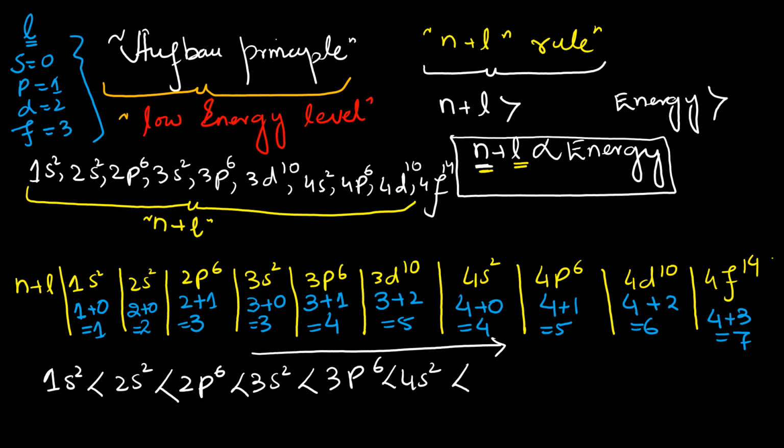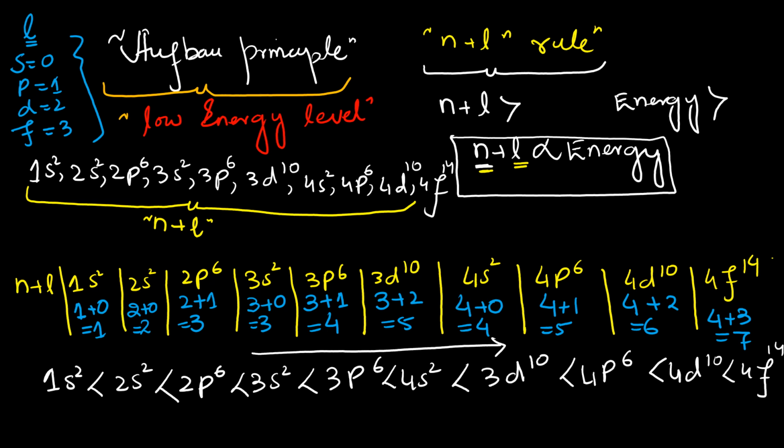Similarly, the value of 3d10 is the same as 4p6, but the principal quantum number of 4p6 is higher, so we can say that the 3d10 subshell has less energy than the 4p6 subshell. And similarly, we will write that 4d10 has lesser energy than 4f14.